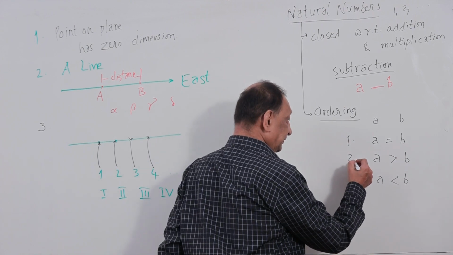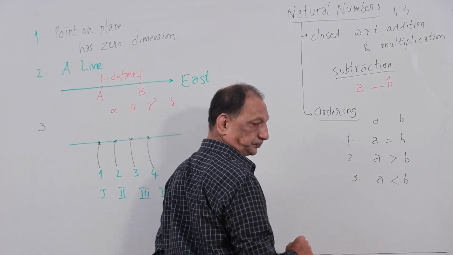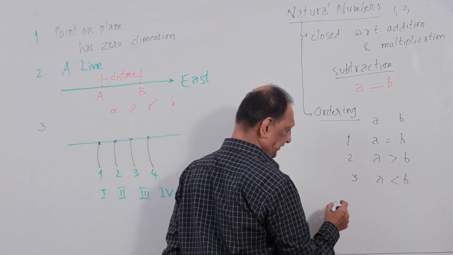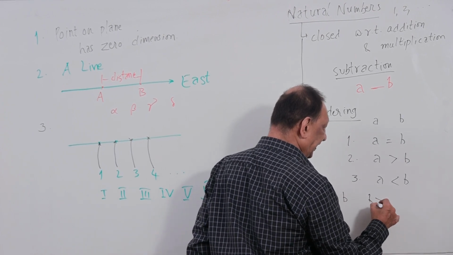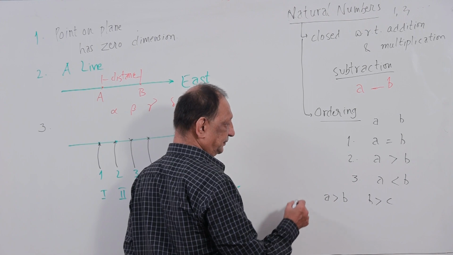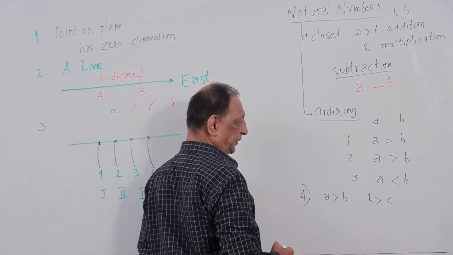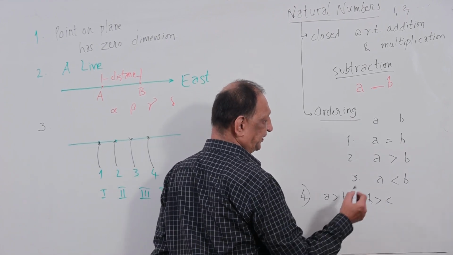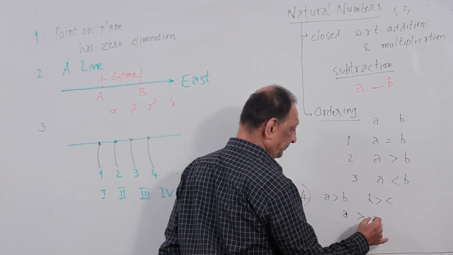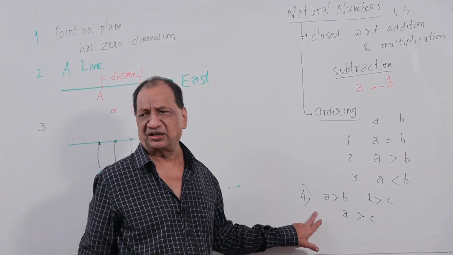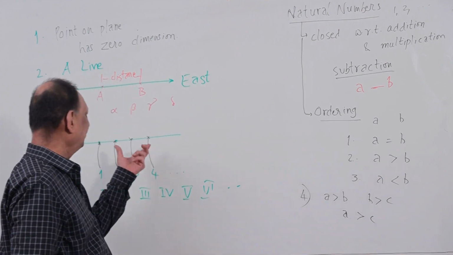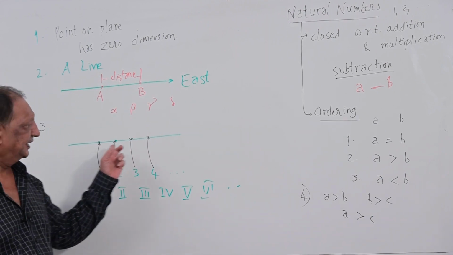And ordering also implies another axiom. If A is greater than B and B is greater than C, so this is the fourth statement, then A is greater than C. Really speaking, this fourth axiom for ordering can be simply looked at in this number line.